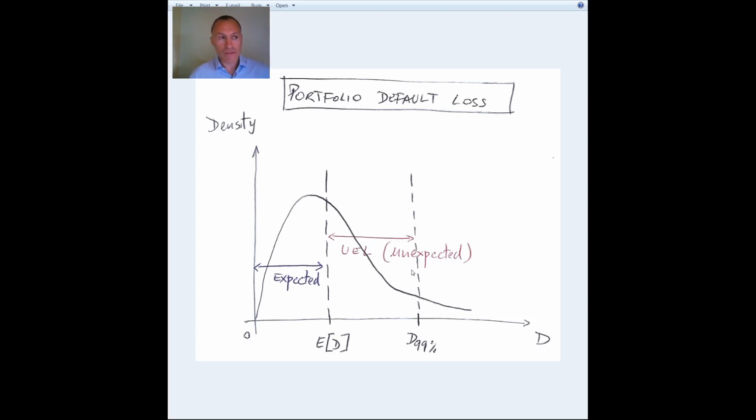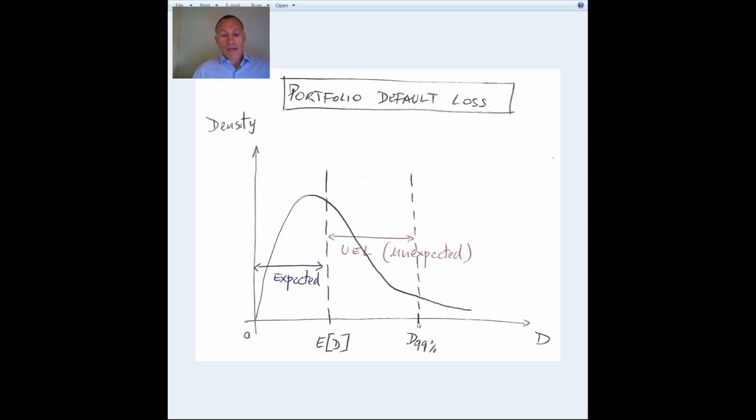So that's why there is supervision of banks requiring them to have capital reserves, right? To be able to sustain these types of losses, which are not day-to-day losses, they are not expected, but they happen in some cases, and when they do, the bank has to be able to survive. They have to have capital to withstand these losses.